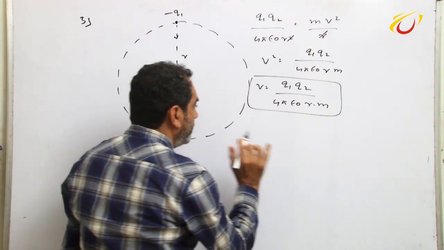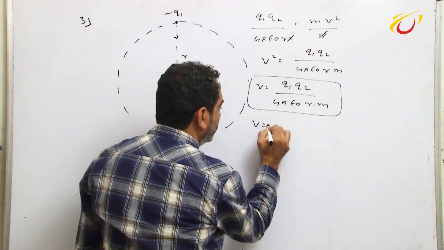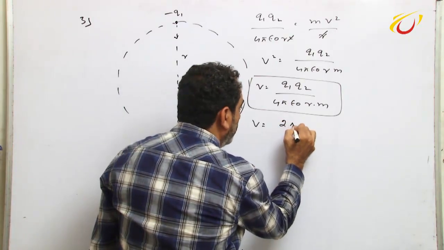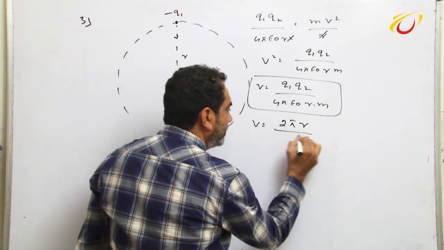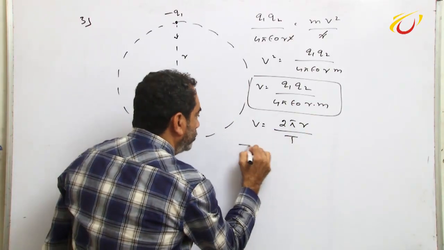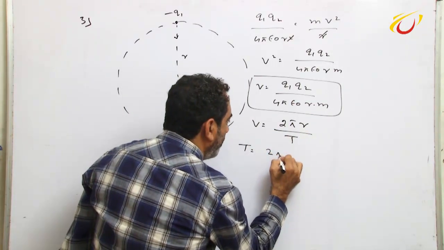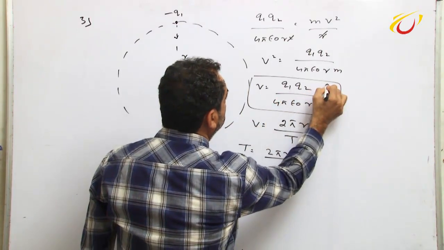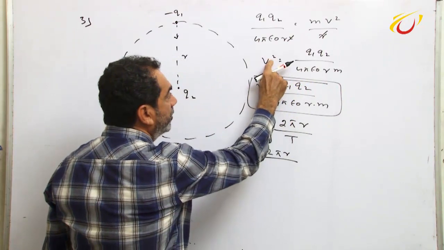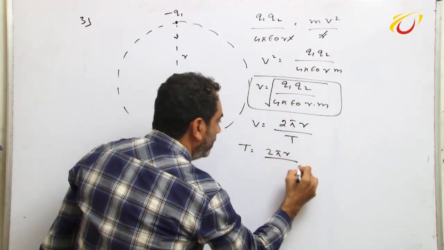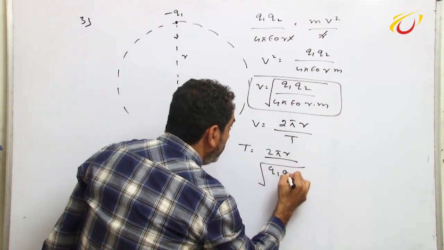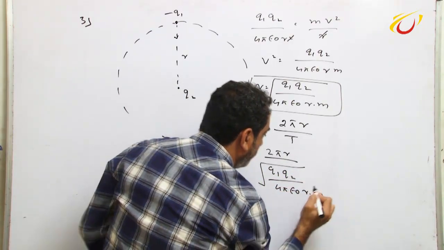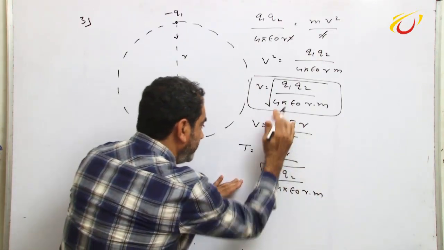Now what is the time period? Velocity is equal to distance divided by time. In one complete revolution, distance is 2 pi r, and the time period is capital T. So T will be 2 pi r over V, with V in the denominator under root, because the square of this will be under root: Q1, Q2 over 4 pi epsilon R into M. Take this in the numerator.